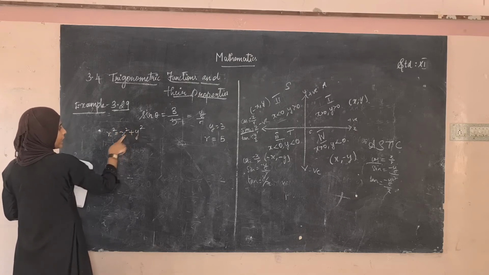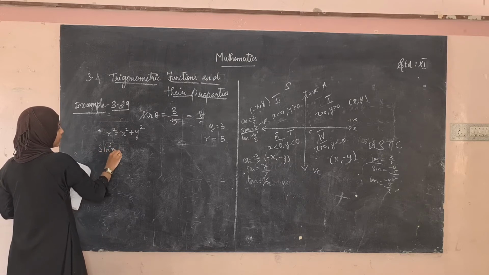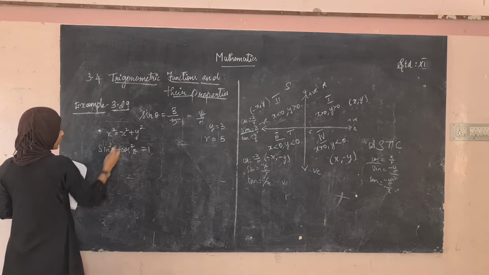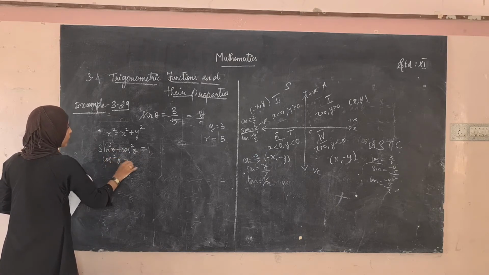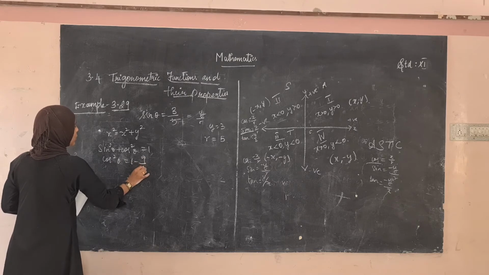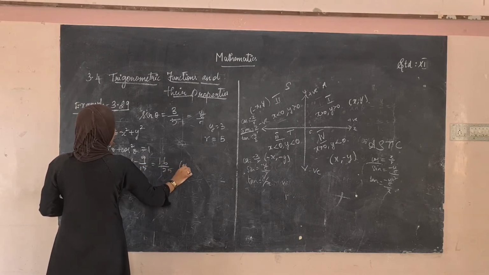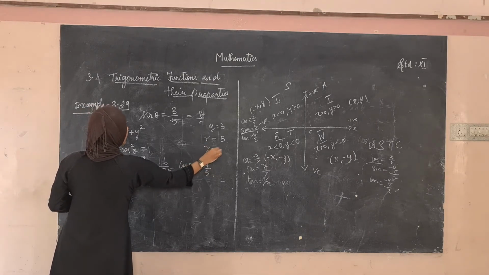You can use either this format or the formula sin square theta plus cos square theta is equal to 1. Sin square theta becomes 9 divided by 25. Therefore cos square theta is equal to 1 minus 9 divided by 25, which is 16 divided by 25. Therefore cos theta is equal to 4 divided by 5. Therefore the x value will be equal to 4.